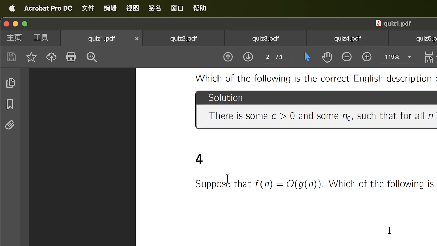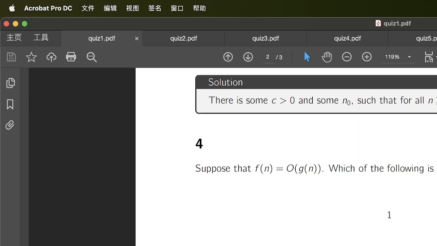Okay, number 4, suppose that f of n is equal to O of g of n. Which of the following is implied by this fact? So we can solve this by applying our definition equation, right? And so the right answer is g of n is equal to omega of f of n. So it's just a reverse order, right? Because f of n is equal to O of g of n means what we just said, right?